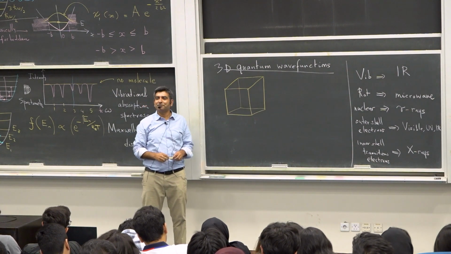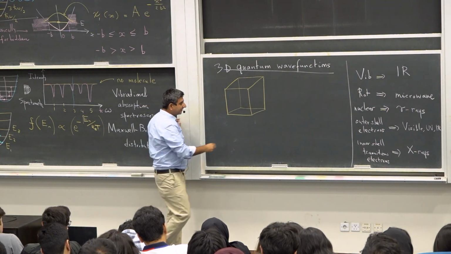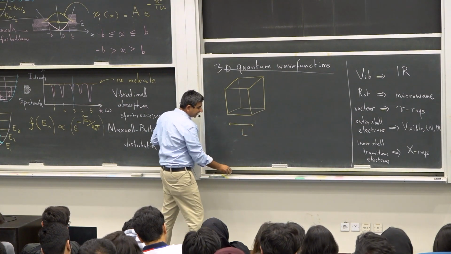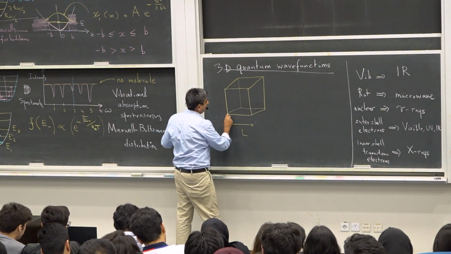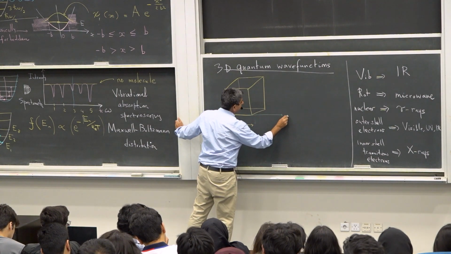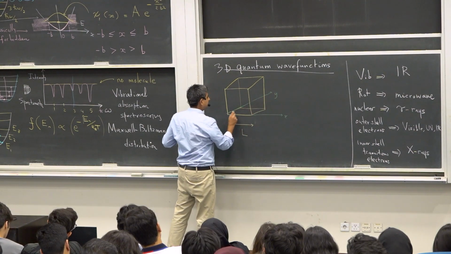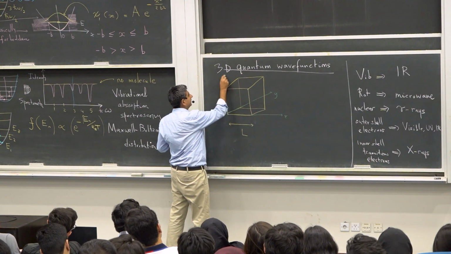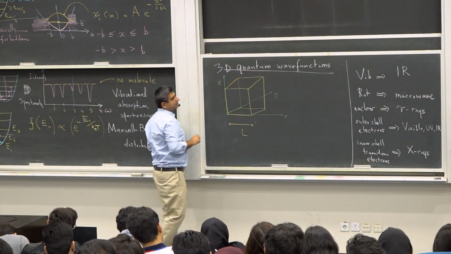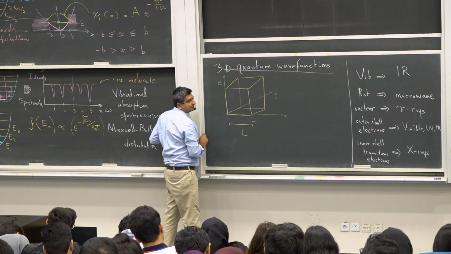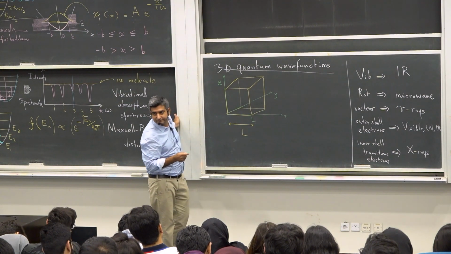This cube has length L. So there's an x-axis, there's a y-axis, and there is a z-axis. It's a three-dimensional cube. The length on each axis is L. So it's a cube, right?